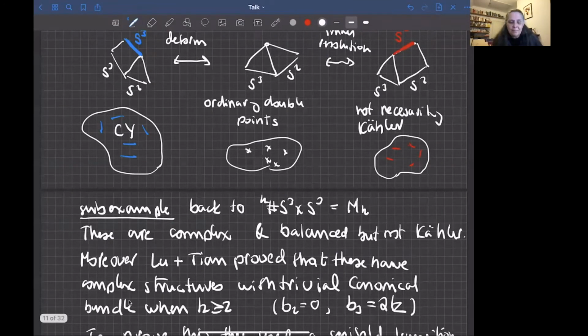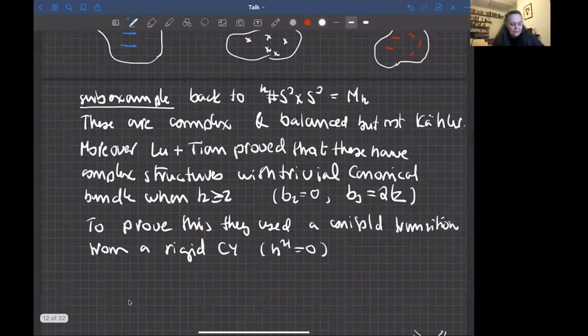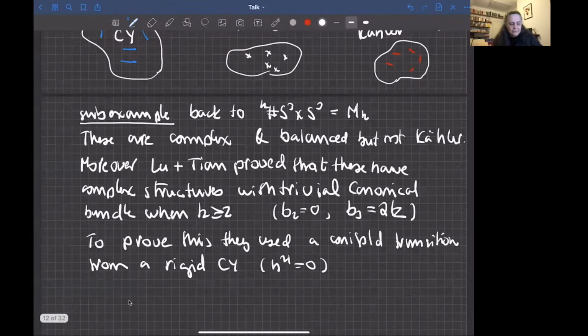So a sub-example of this is the example I mentioned earlier, which is the connected sums of S3 cross S3, right? Which gives you, I'm calling this MK, where K is the number of S3 cross S3s that you put together. And these are complex and balanced, but not Kähler, right?